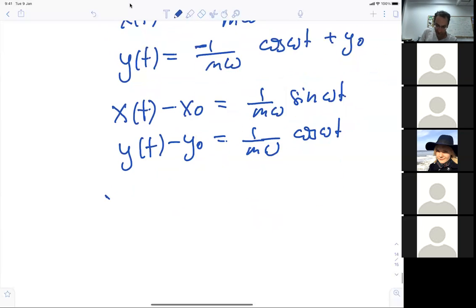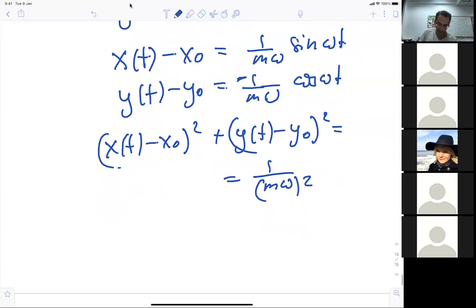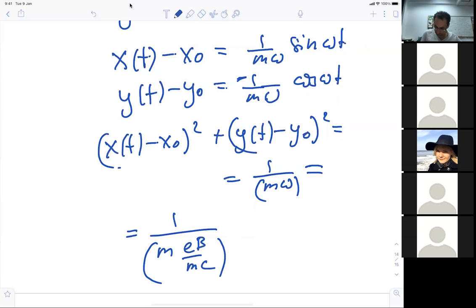So I see that (x minus x0) squared plus (y minus y0) squared is always equal to (1 over m omega) squared, and omega c was eB over mc.